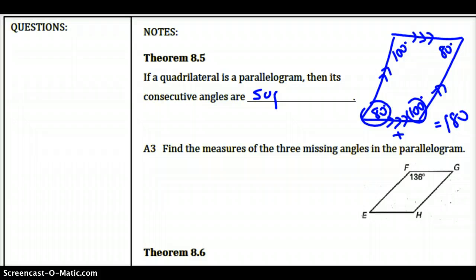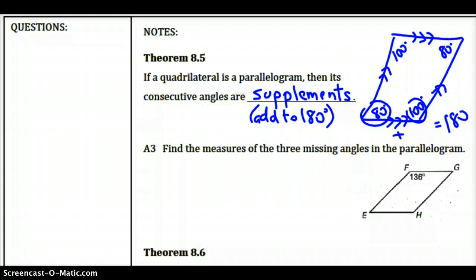Two angles that add up to 180 are called supplements. And again, that goes back to the consecutive interior angles with parallel lines. We end up with supplementary angles.